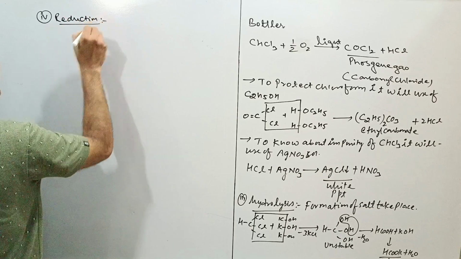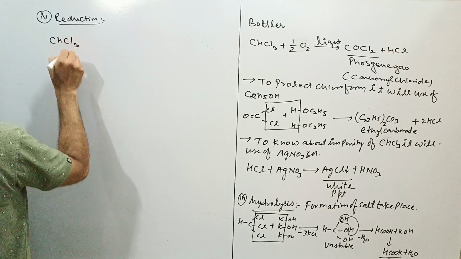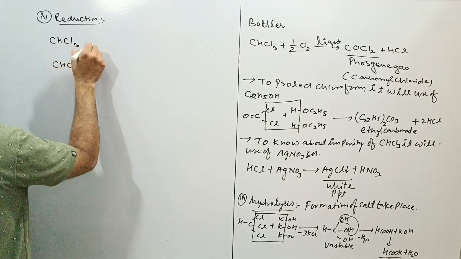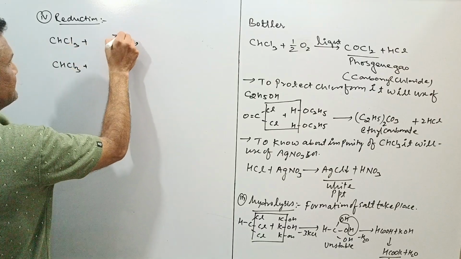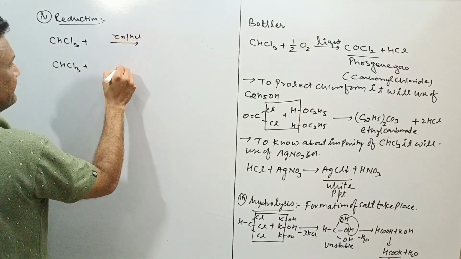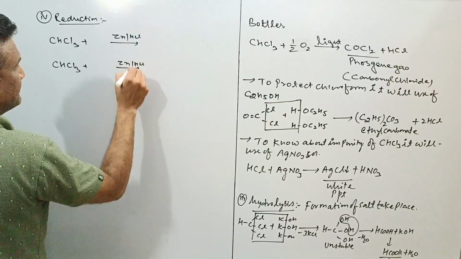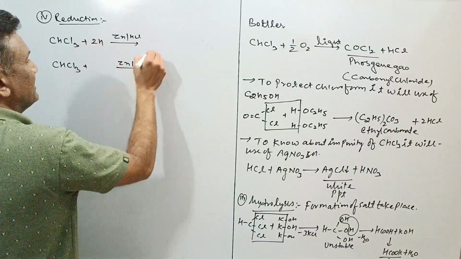If we go with the reduction, then this is the chloroform CHCl3. This is again the condition of chloroform. If you take the presence of Zn and HCl, then it will form dichloromethane by the use of 2H.